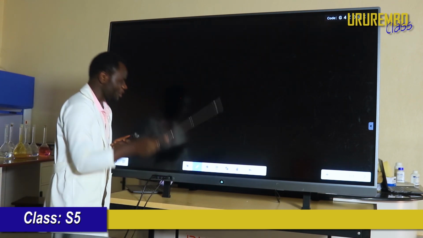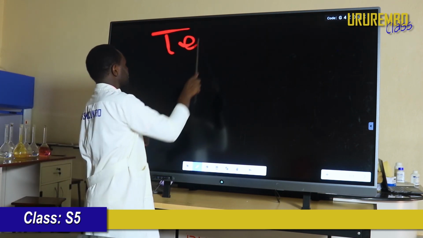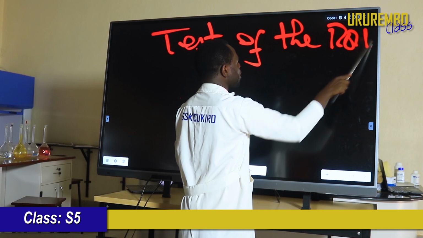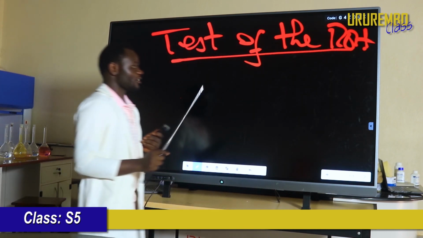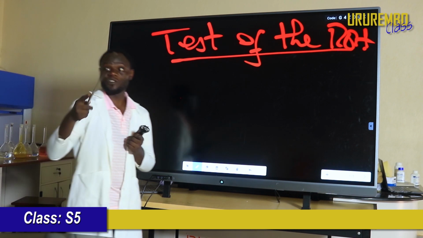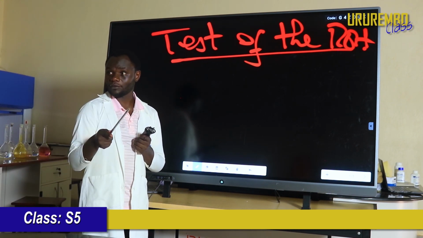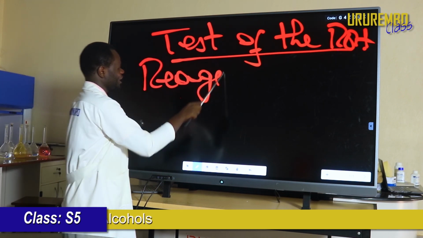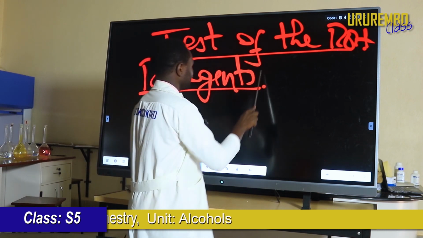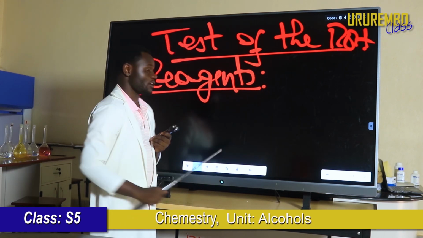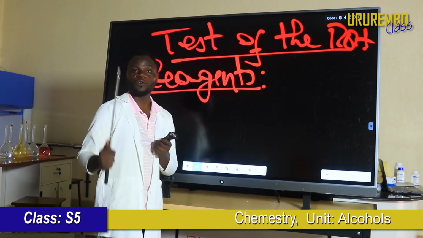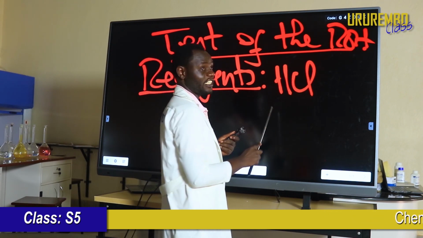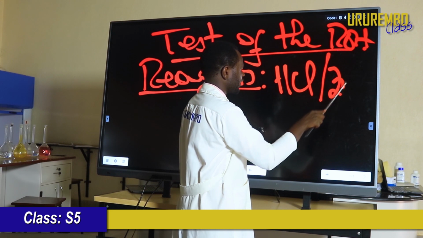So, lastly, we are going to see how to test the alcohols. When we test those alcohols, we are going to distinguish those three categories of alcohol. So, we are going to see the reagents used. There are so many reagents used to test alcohol, but today we are going to focus on anhydrous hydrogen chloride and zinc chloride.